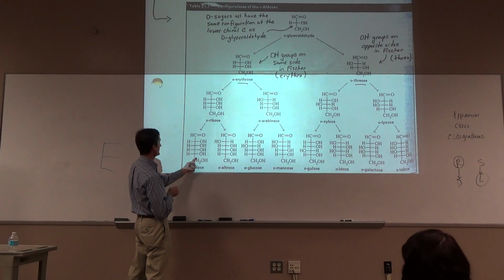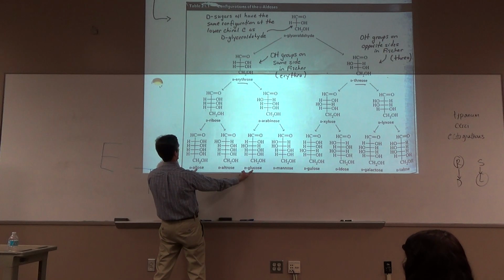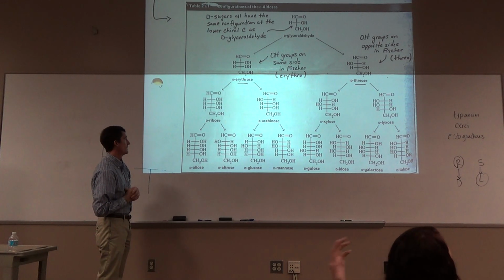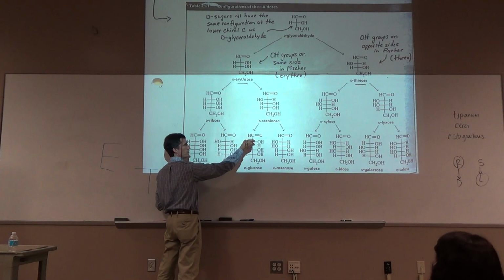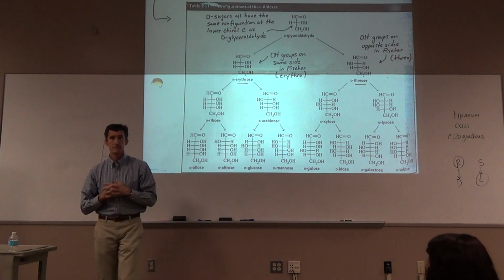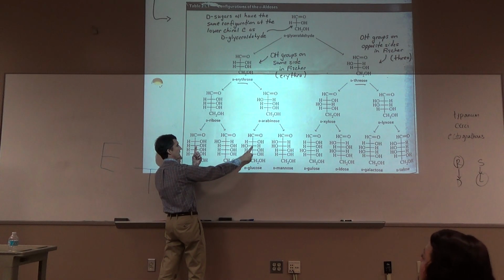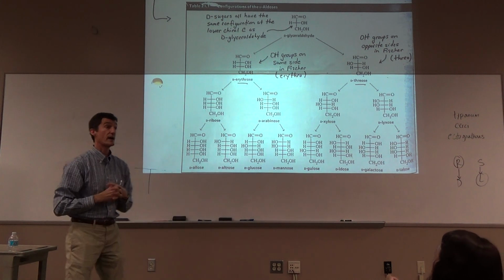If we look at this versus, are allose and glucose epimers? No. Yeah, that's carbon 1, 2, 3. These two are called C3 epimers because at C3 it's been switched, or epimerized.